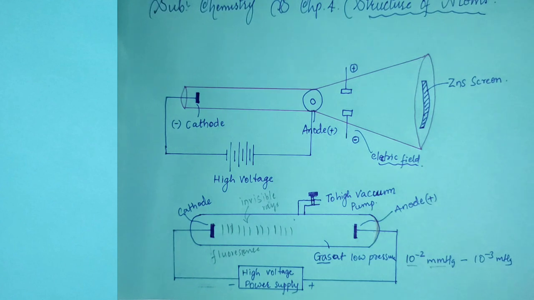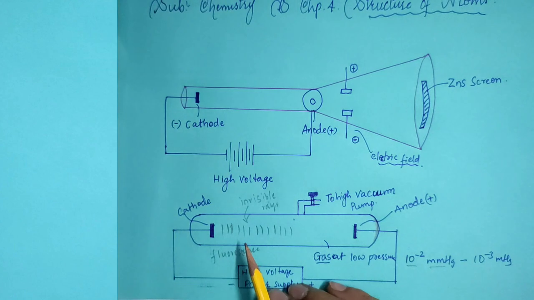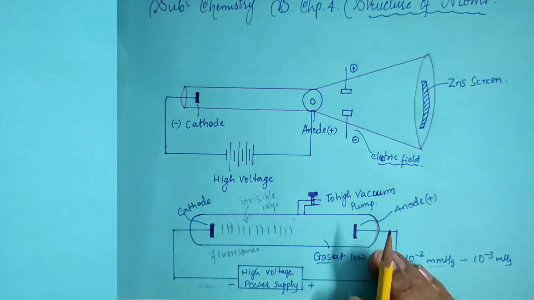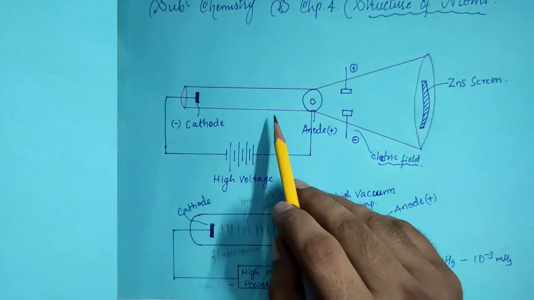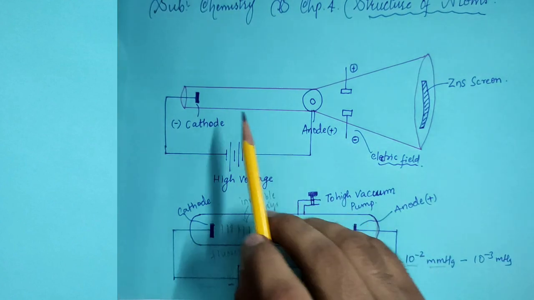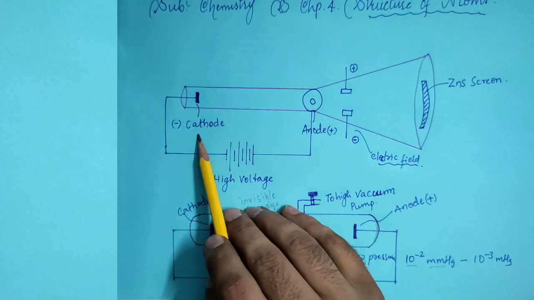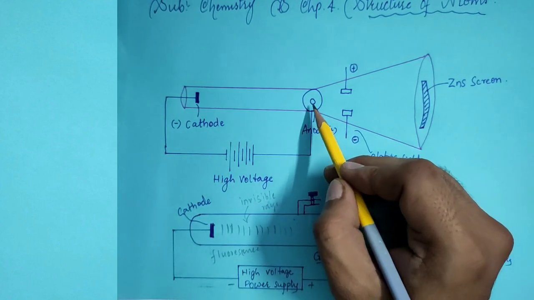To study whether these cathode rays were charged or not, the discharge tube was modified. They took a cathode and anode, with a hole near the anode.